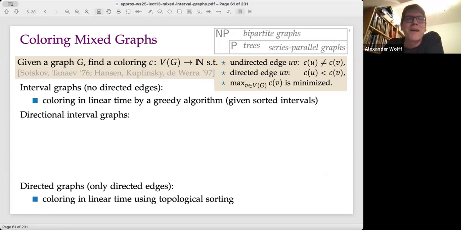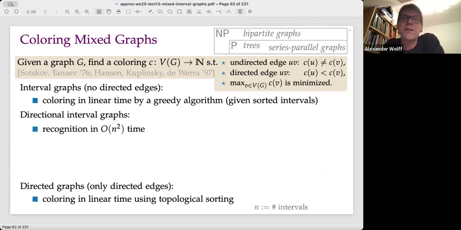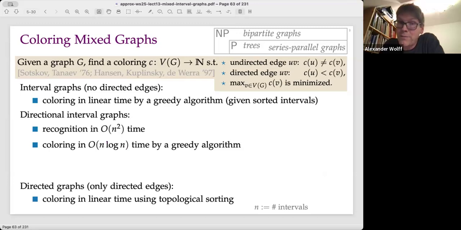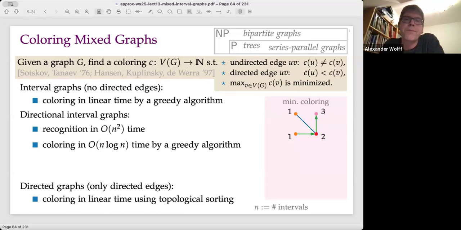Sorry for that. But now here's the case in between these extreme cases. So we have now a directional interval graph, as I will call it. Such graphs we can recognize in quadratic time. We can color them again optimally by a greedy algorithm in n log n time.